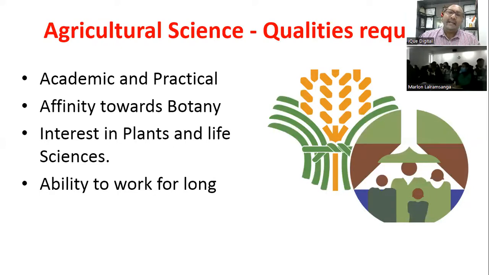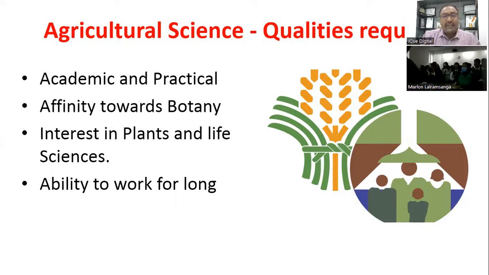Who is the right candidate to take up agricultural science? As far as orientation is concerned, you need to be a combination of academic and practical orientation. People orientation, even if it's low, does not matter. Aptitude, you should have a special affinity towards botany.